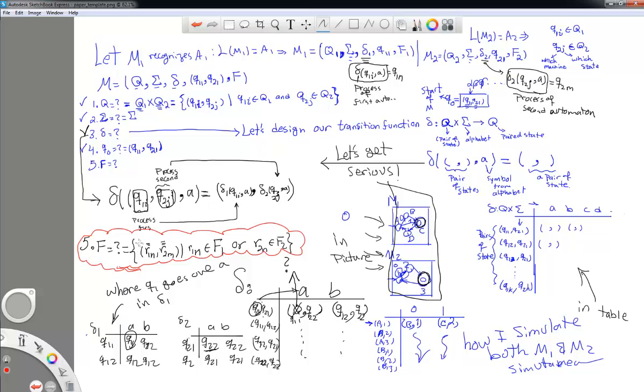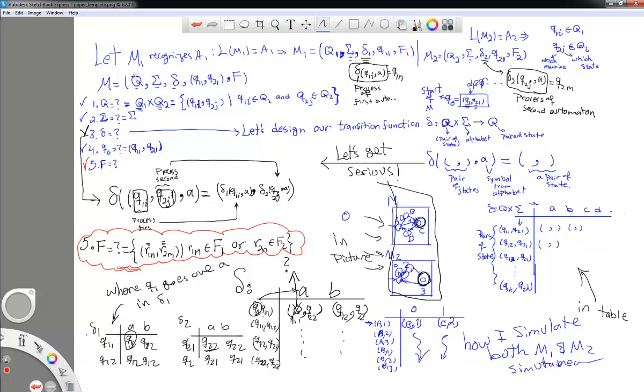If either one of these two is met, you are good. So you ended up with any of these accept states, and that proves my fifth element.